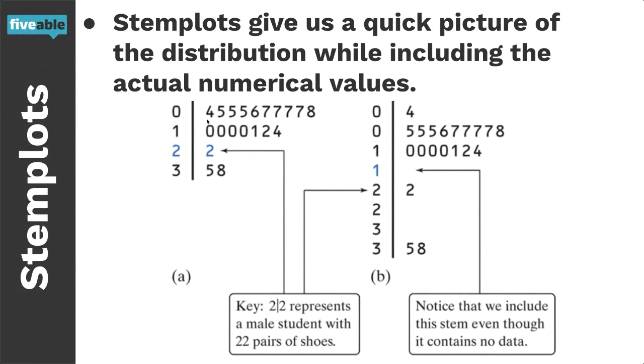So I started writing all the data points to the right of my stem, creating my leaf. And I do it in increasing order. It starts 4, then 5, then 6, then 7, then 8.